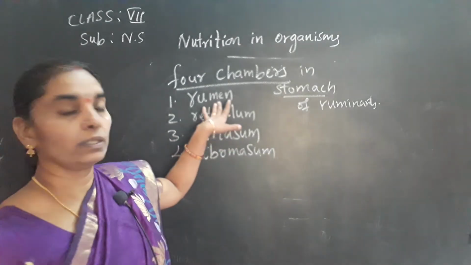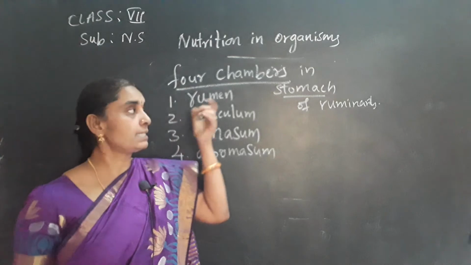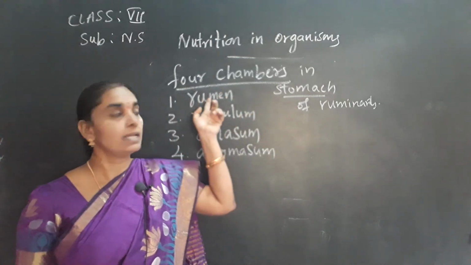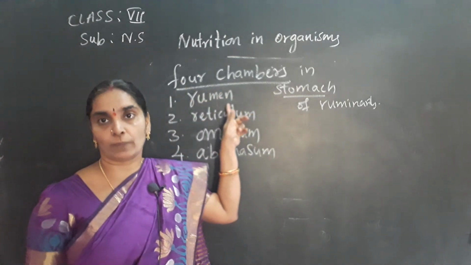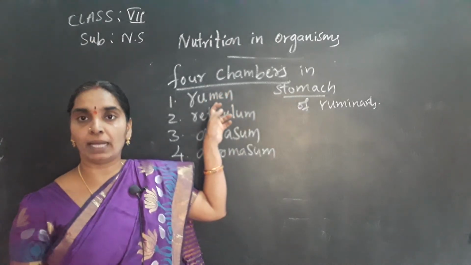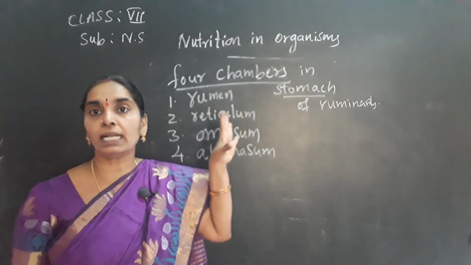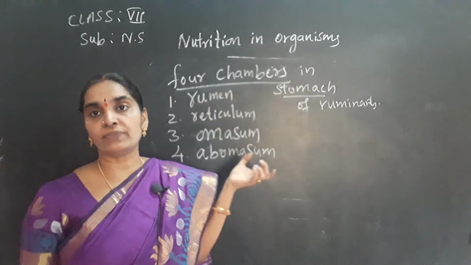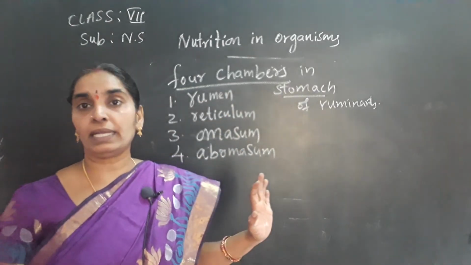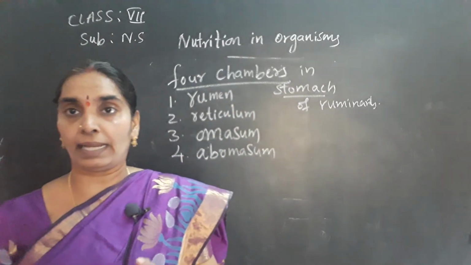When the grass-eating animals eat the grass, it reaches the rumen in the stomach, and it forms the cud there in the rumen. They do not chew the food at that time.